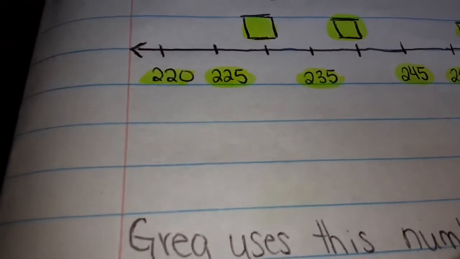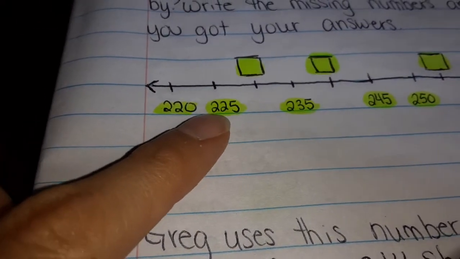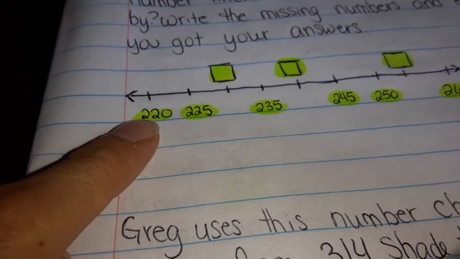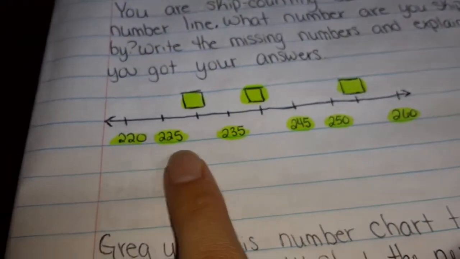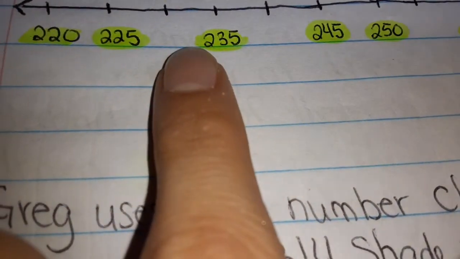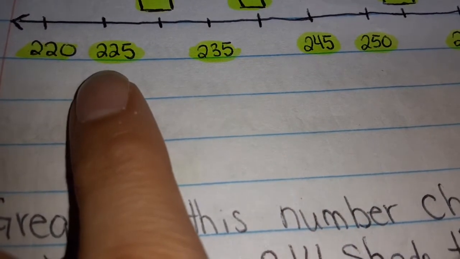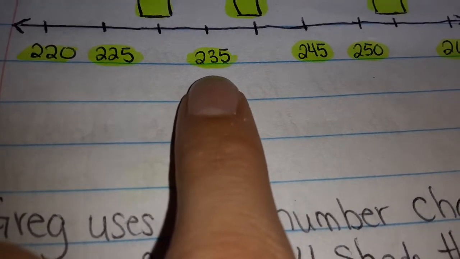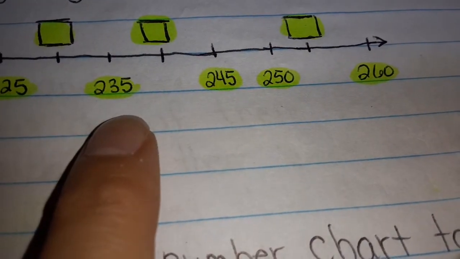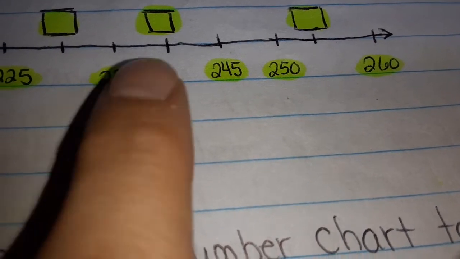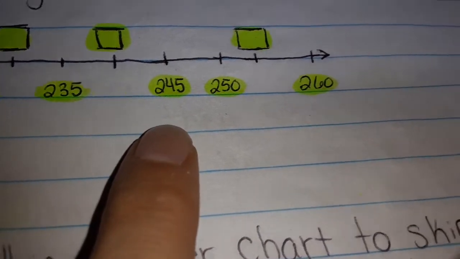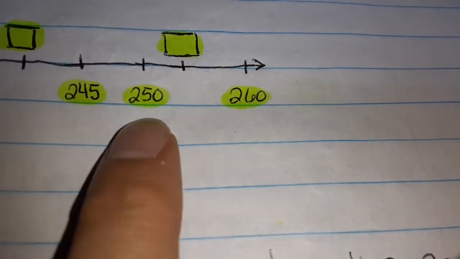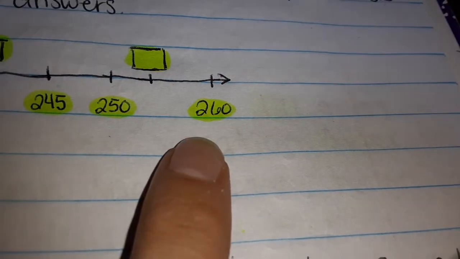So, how many more is 225 than 220? What number do you think is going to come in between 225 and 235? What number will come between 235 and 245? What number will come between 250 and 260?